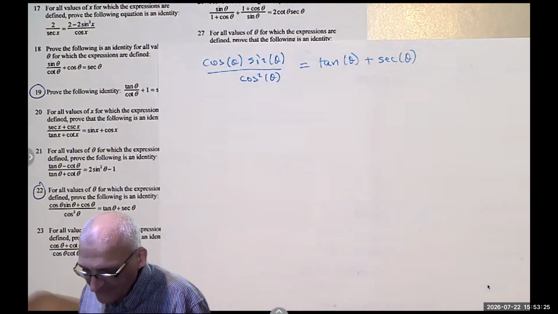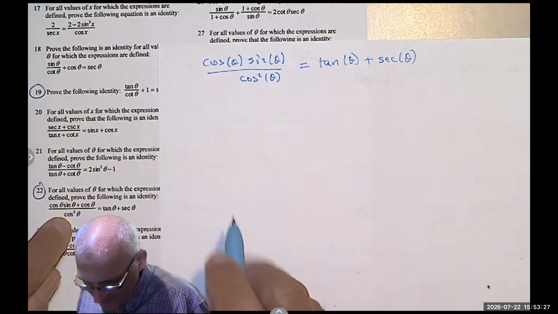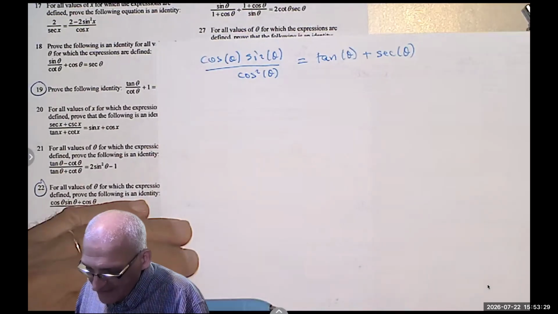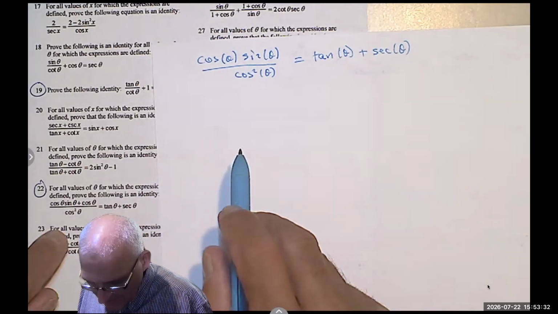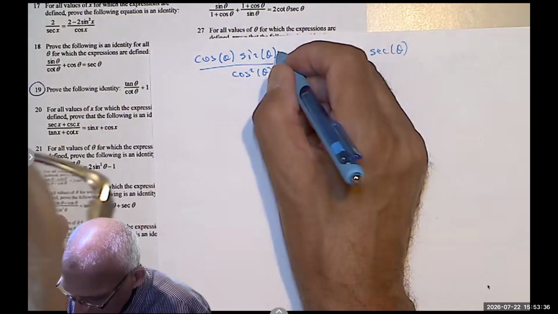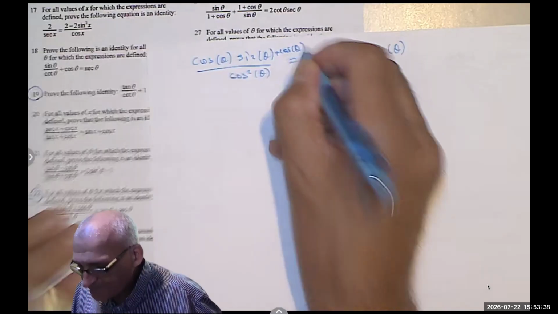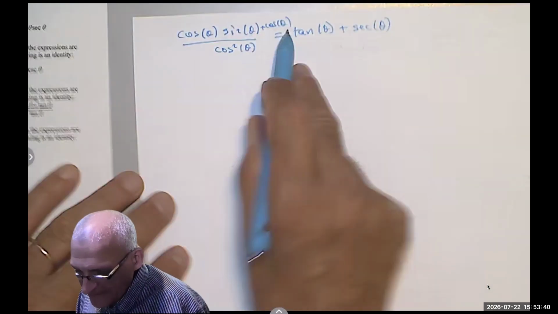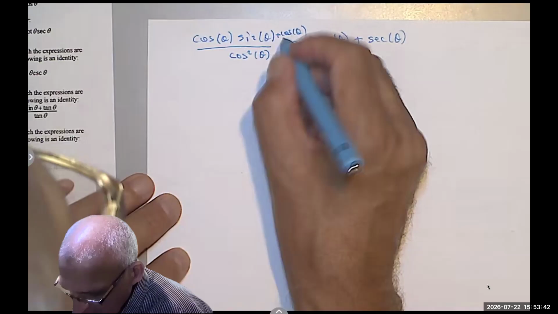So we want to prove that, right? So first of all, oh, see, I did it again. And there is plus cos theta here. Okay, so I can split this into two pieces, right? Because there is a plus.